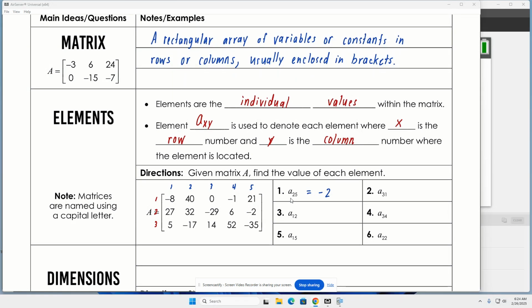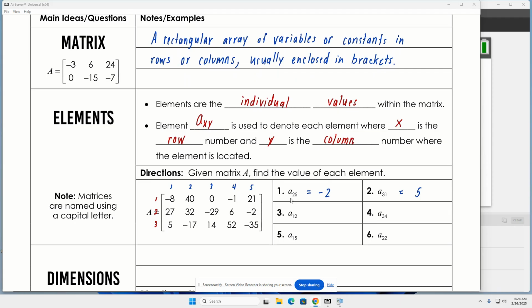If I say A sub 3,1, again, that's my third row, that's my first column. So we're talking about the value 5. So A sub 3,1 has a value of 5. All right? Pretty easy stuff, right?